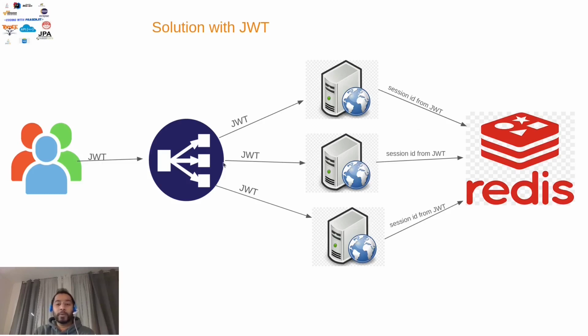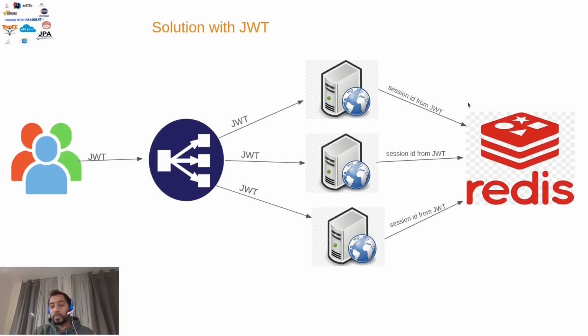Here you don't need to manage sticky session, so the load balancer can forward the request to the server that has less load. Because now the server doesn't need to store the session, any request can be processed by any one of these servers. Now you can ask what happens if Redis goes down.